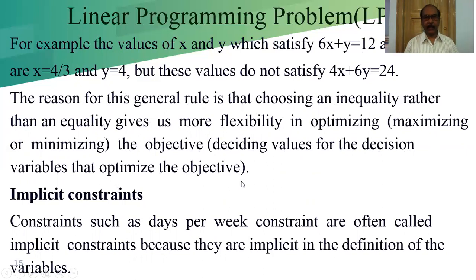Sometimes it may be greater than or equal to, sometimes it may be less than or equal to. Implicit constraints. Constraints such as the days per week constraint are often called implicit constraints because they are implicit in the definitions of the variables, and depend upon our guess or choice or the company policy or the factory policy.